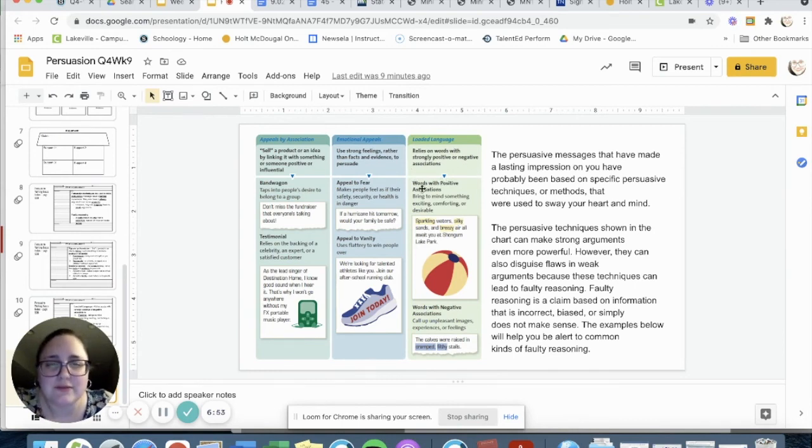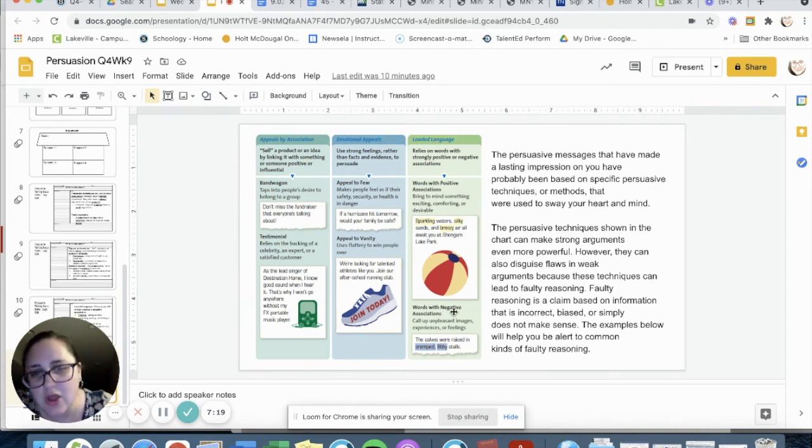So words with positive associations, they bring to mind something exciting, comforting, or desirable. Here's our example. "Sparkling waters, silky sands, and breezy air all await you at Shongam Lake Park." All right, you want me to come to your park? Those are some pretty good descriptions. But again, positive word associations to make you want to go to their park.